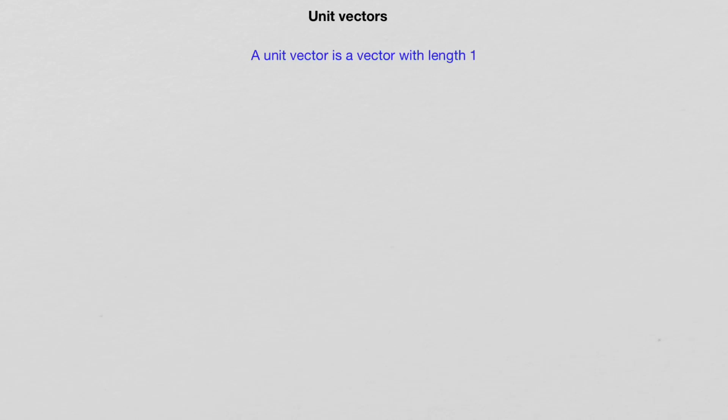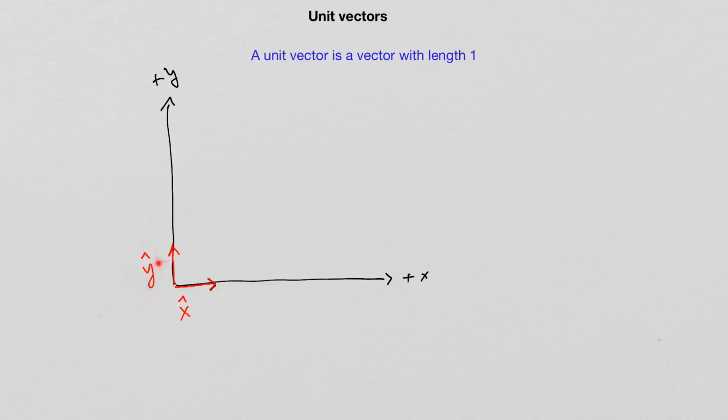I want to have a unit vector along each coordinate axis. So here are my positive arms of the x and y axis, so positive x direction, positive y direction, and then I am introducing a unit vector x hat oriented along the positive x-axis and a unit vector y hat oriented along the positive y-axis.